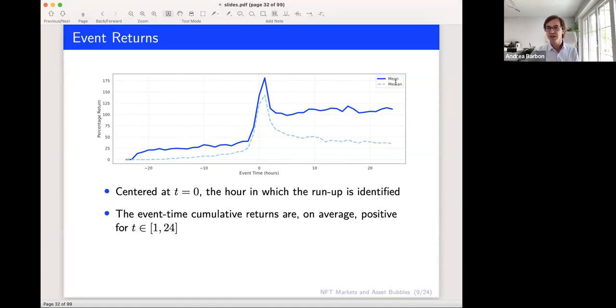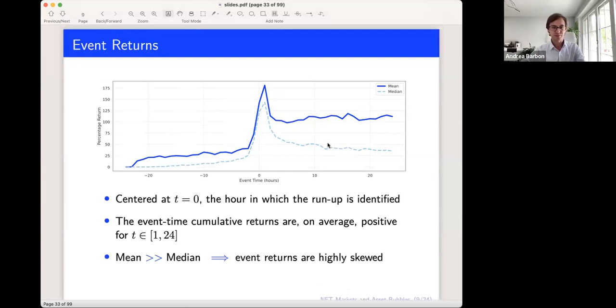But if we plot the median in light blue, we can see that it's much lower. So probably there are some events sitting on the right tail of the distribution that produce very high returns after the price run-ups, while many other ones actually perform very badly after the run-up. The mean is bigger than the median, so this means that returns are highly skewed.